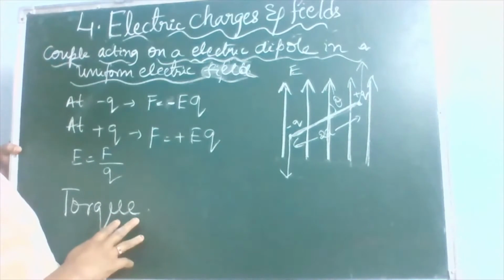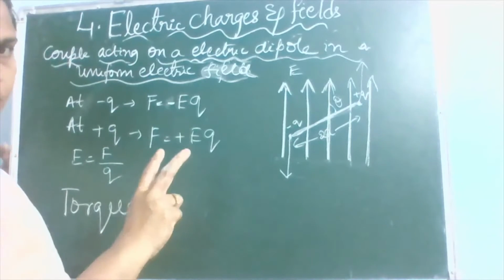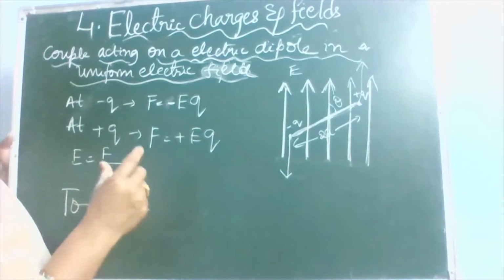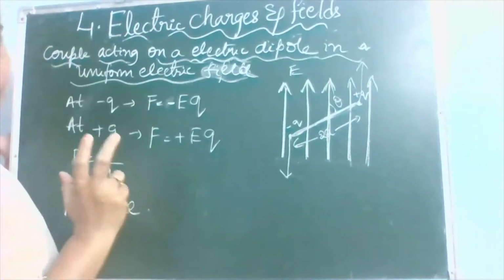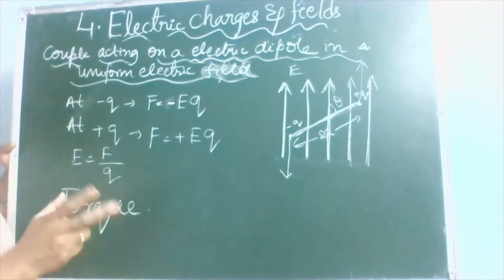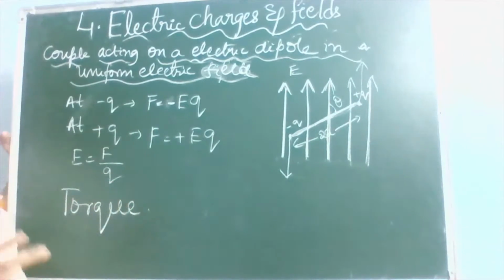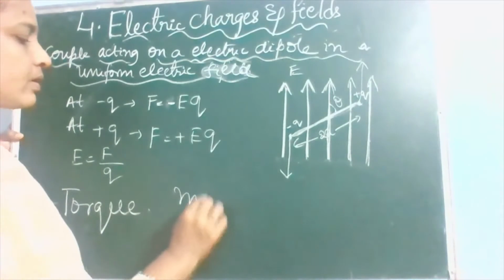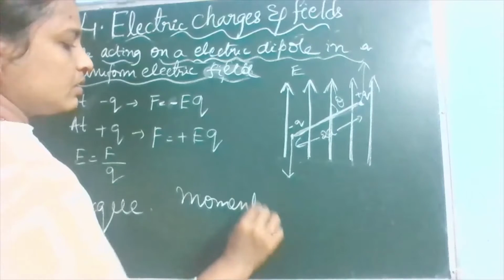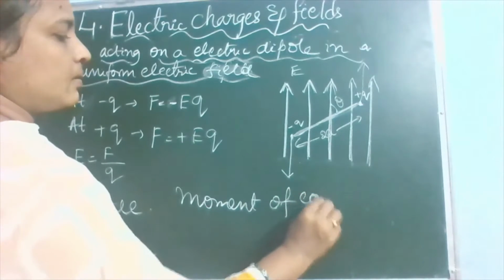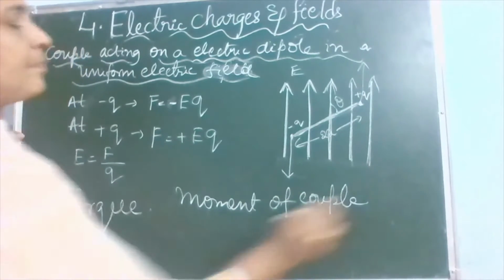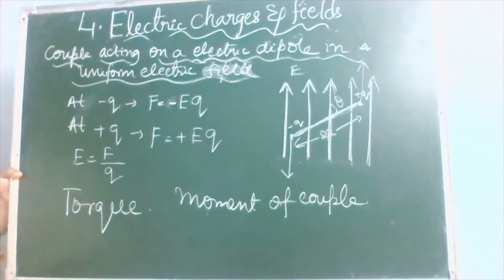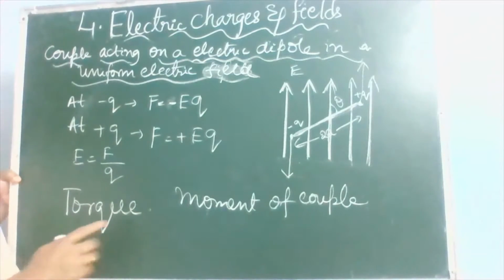The force will be at two points but in opposite directions. So then torque comes into existence, which is called the moment of couple.